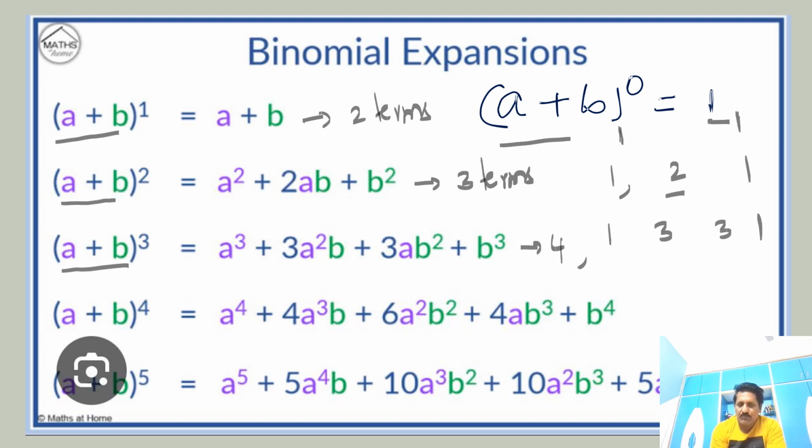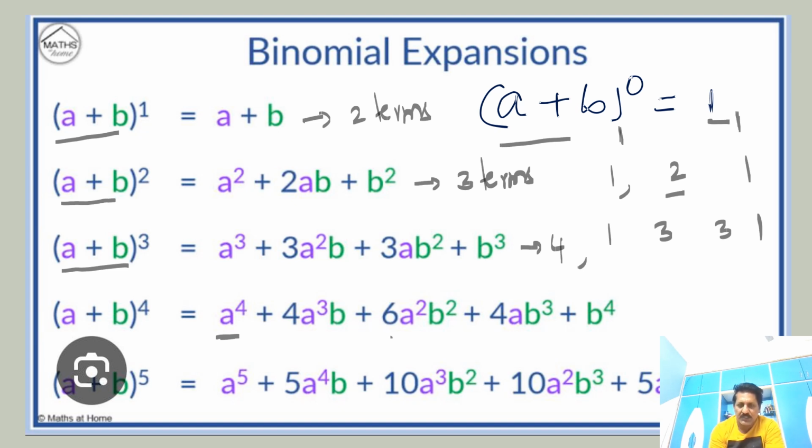If I go for more powers, that means (a plus b) to the power 4, the whole power is given to the first term, that means 4c0 a to the power 4, and 4c1, selecting 1, the power reduces to a to the power 3, and b starts with b power 1.